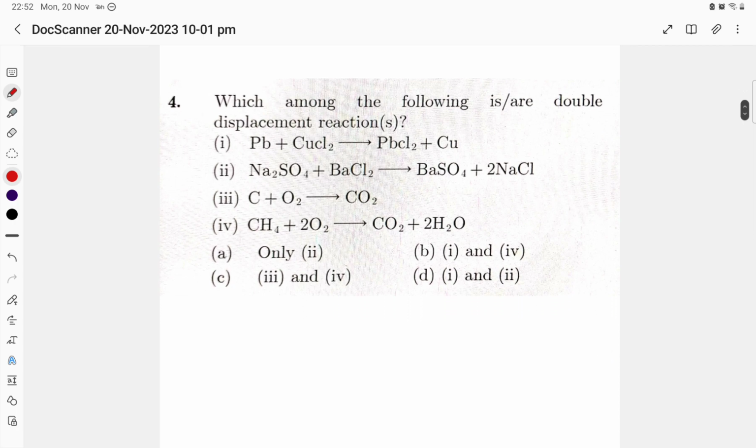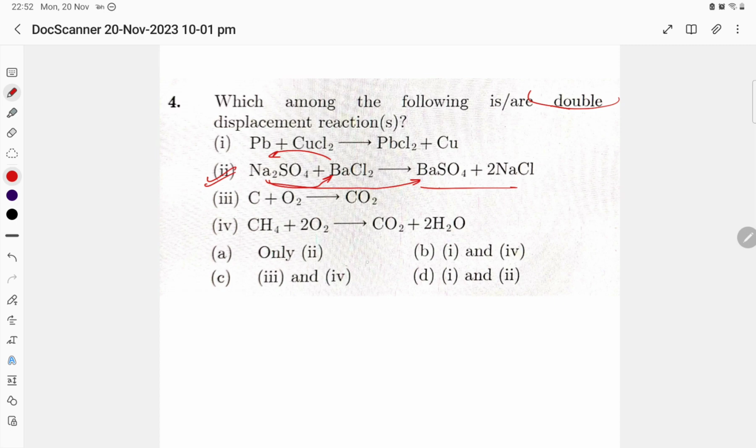Next one. Which among the following are double displacement reactions? The second is the double displacement reaction, because sodium is being transferred with barium, so they are getting exchanged, giving barium sulfate and sodium chloride.